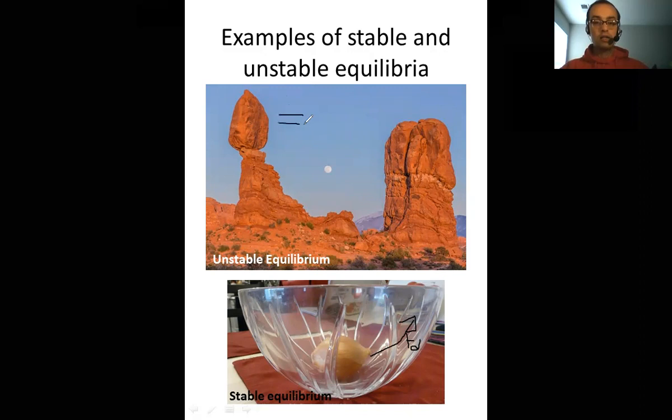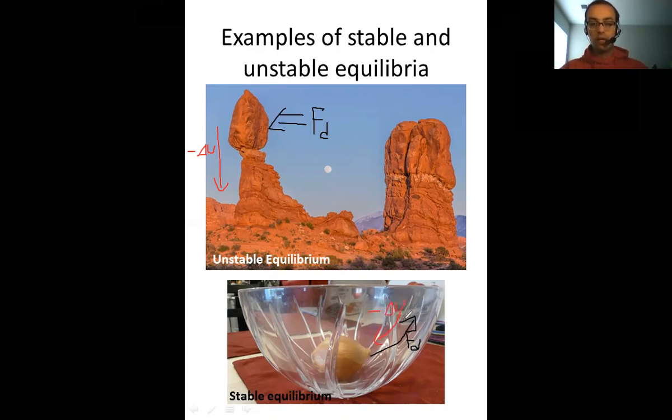And here, let's say that I were to push this, and this was once again a disturbing force, FD. The response of the system to that force, I'm going to outline in red. What will happen with the system in the unstable equilibrium case is a rapid loss in potential energy. But in the case of the stable equilibrium, what's going to happen is, once again, a rapid loss in potential energy.